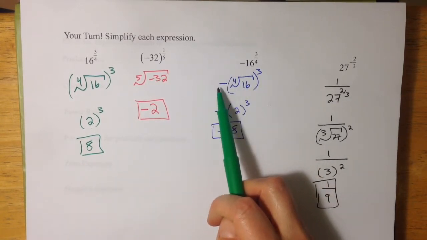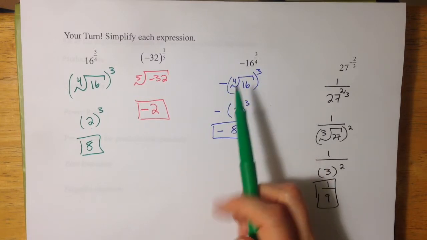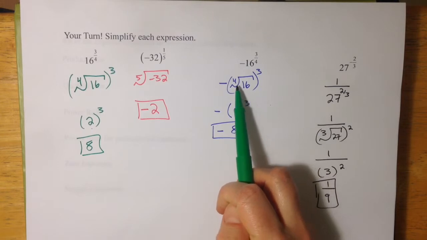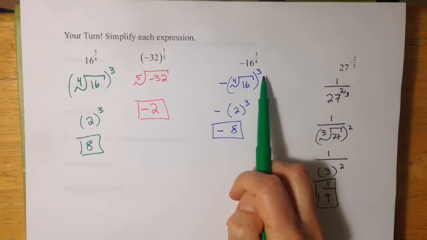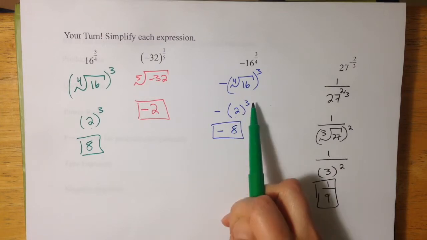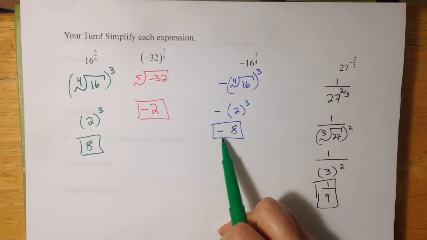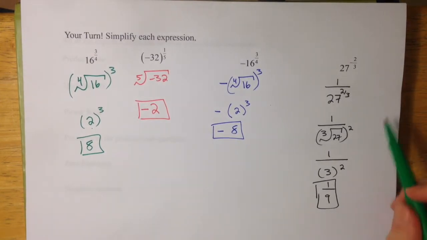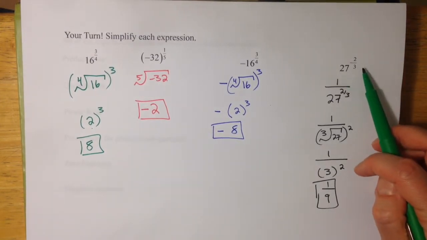That negative stays out front since it's not in parentheses with the 16. And the 16 to the 3/4 can be written as the 4th root of 16, whole thing, cubed. The 4th root of 16 is 2, 2 cubed is 8, and that negative that was still out front now applies to the 8.